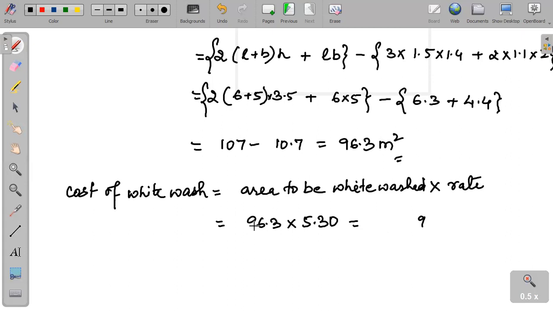So 18 plus 15, so that is 333. So these 470 plus 3, 480 plus 510. Yes, 510.3.